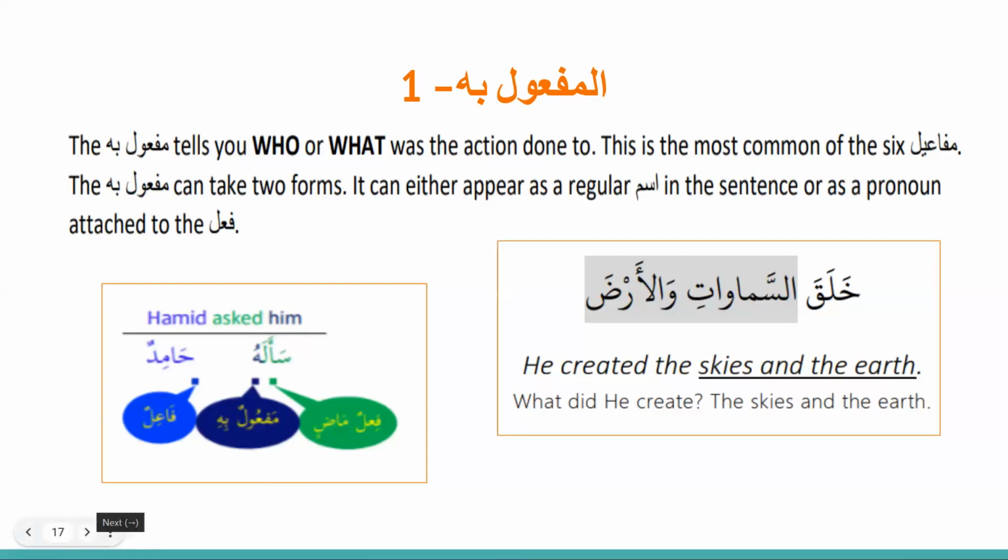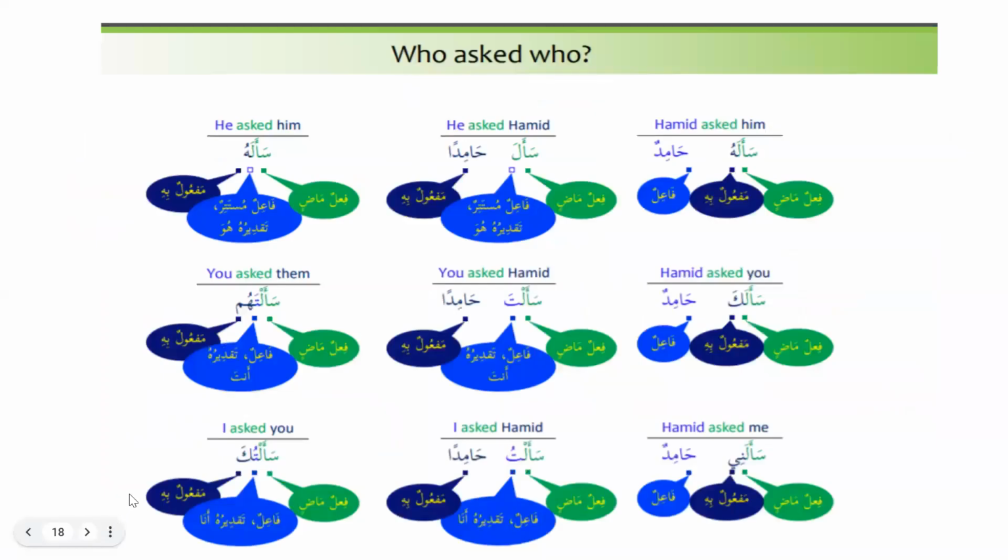These are very good examples for a regular ism which is in nasb status outside the fi'l, and there are also examples of maf'ul bihi as an attached pronoun. So over here we have a maf'ul bihi which is an attached pronoun, hu, which is the attached form of huwa. So sa'alahu, sa'ala again has a hidden inside pronoun huwa, and we have an outside ism which is rafa.